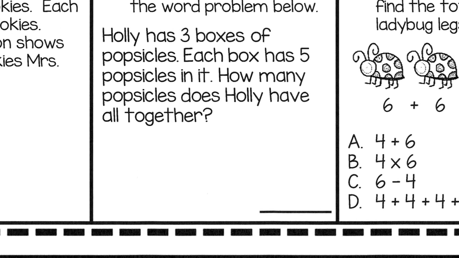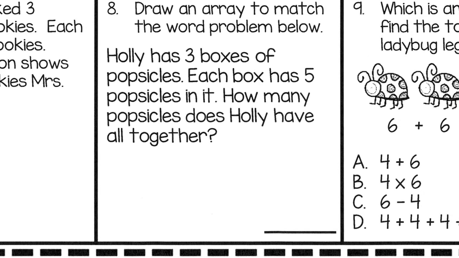So this says Holly has 3 boxes of popsicles, and each box has 5 popsicles in it. So when you're drawing that, you can think of it as basically, if you wanted to draw popsicles, you could, and you could draw 5 in each row.